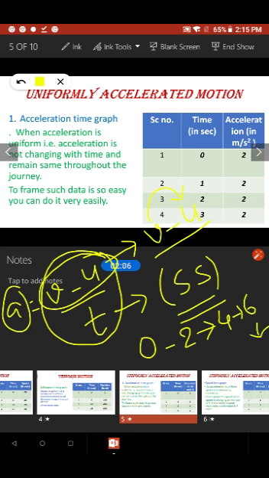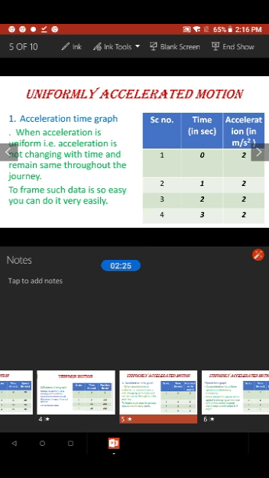Velocity is not constant, otherwise the motion is uniform. It is uniformly accelerated motion. That means velocity is continuously changing from 0 to 2, 2 to 4, 4 to 6, 6 to 8. Equal intervals are there, and that's why the motion is known as uniformly accelerated motion.